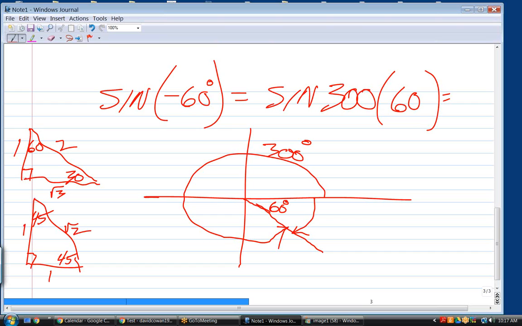Now, what that does is gives you the ability to figure out all your first quadrant angles. So what's the sine of 60? Square root of 3 over 2. Correct. That's the answer.